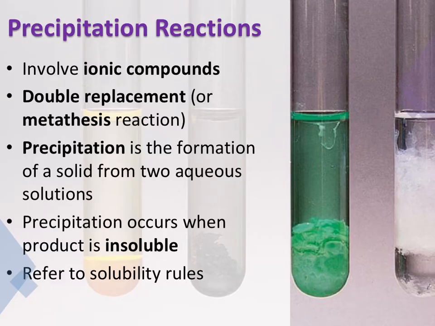Precipitation reactions. This is where we will go over the rules to determine if an ionic compound is highly soluble, that is, if it is a strong electrolyte. Precipitation reactions involve ionic compounds and are sometimes called double replacement or displacement or a metathesis reaction.